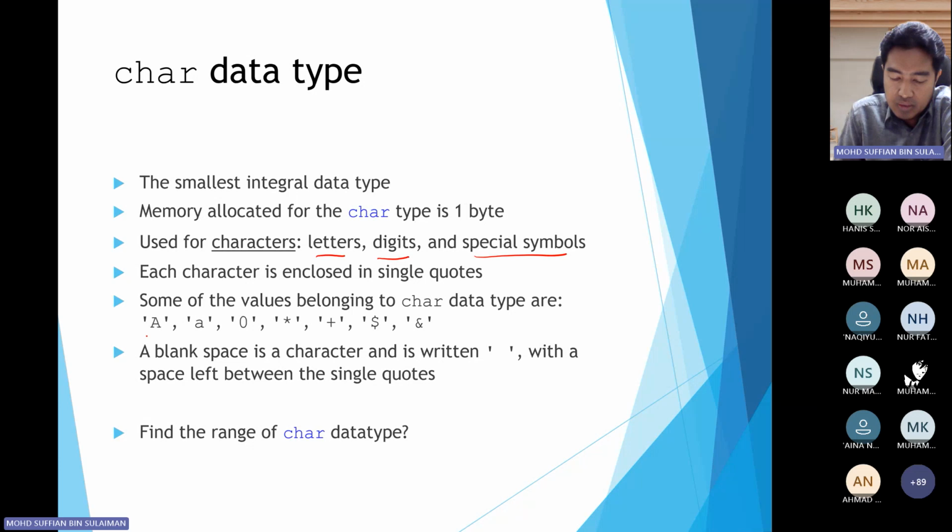For example, capital A in single quote, small a in single quote, 0 in single quote, and let's say you have star in single quote, plus in single quote. So this is how we store the value in a character. A blank space is a character too. Even the blank space can be recognized as a character in C++.